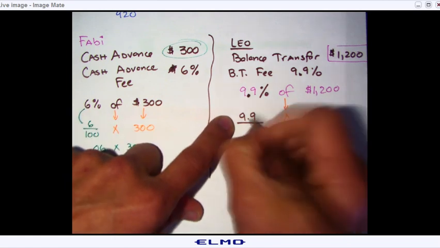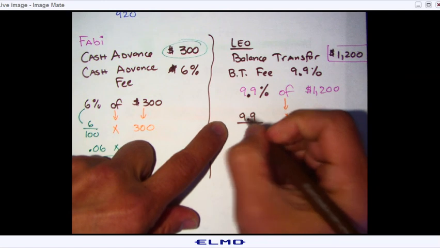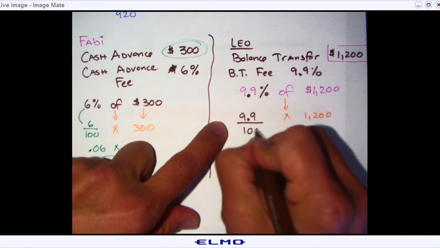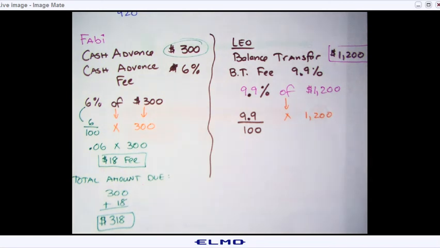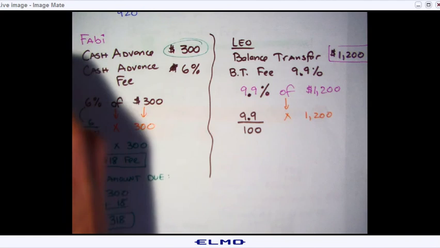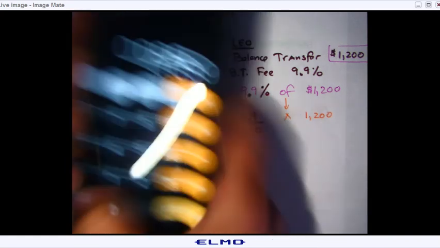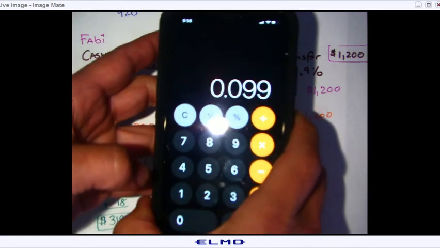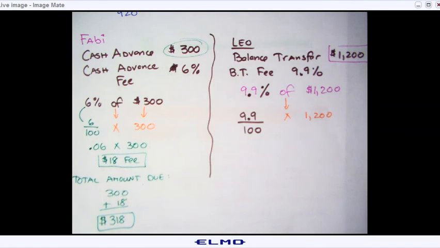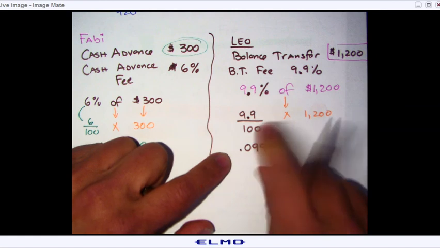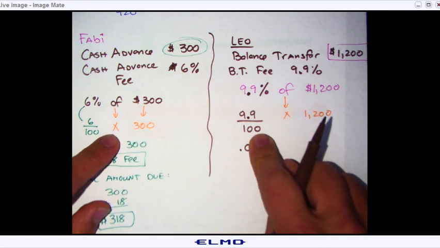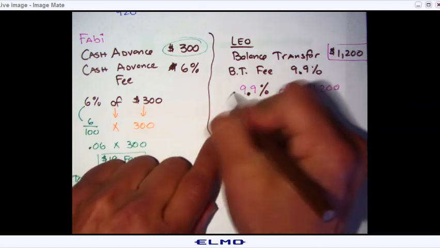So 9.9 divided by what? 100. So now you go to your calculator. All right. Again, 9.9 divided by 100. And what is it? 0.099. See that? 0.099. So you got to make sure you do that. Okay? You got to divide by 100.